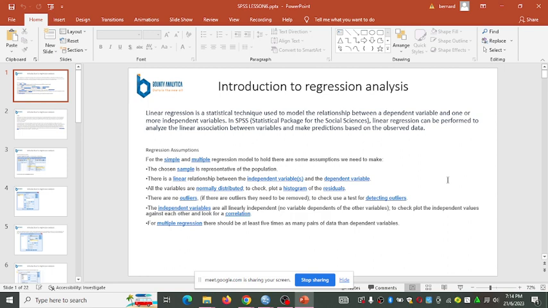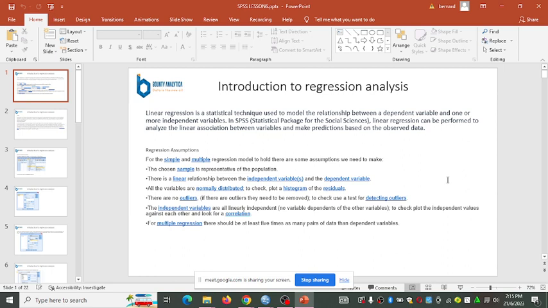The first assumption is that the sample is representative of the population. The second one, we assume that there is a linear relationship between the independent variable and the dependent variable. So the variables you want to do regression analysis on are linearly related.